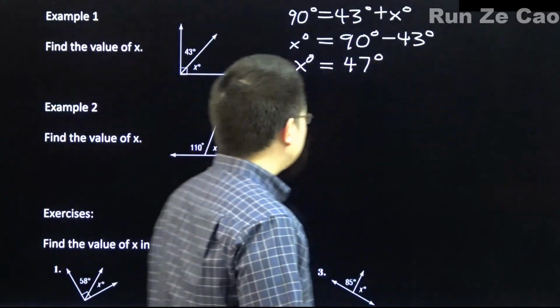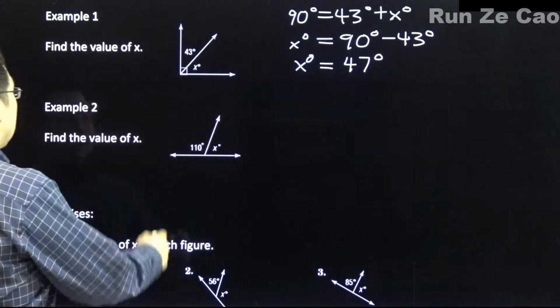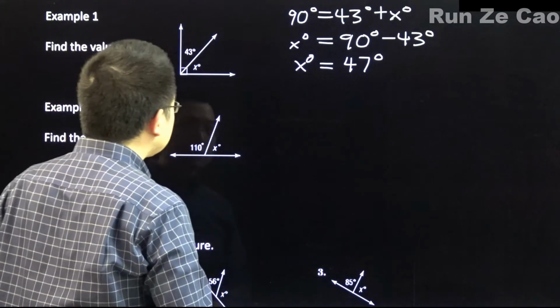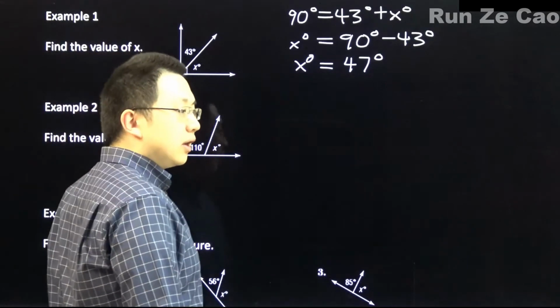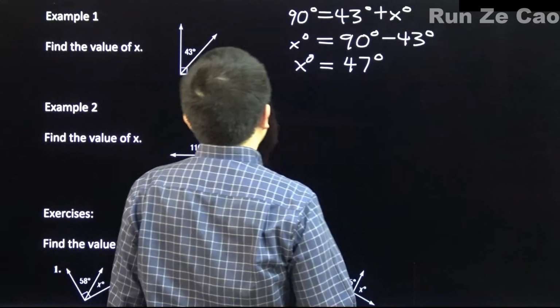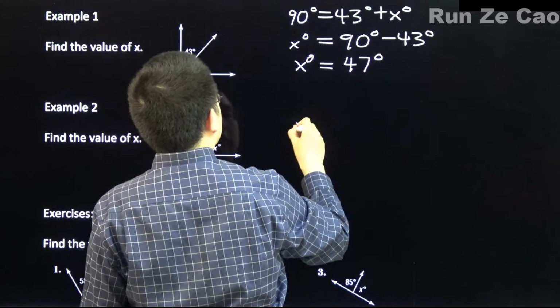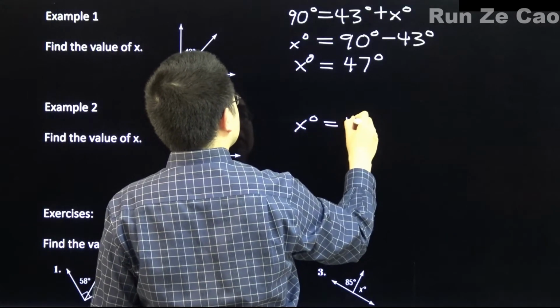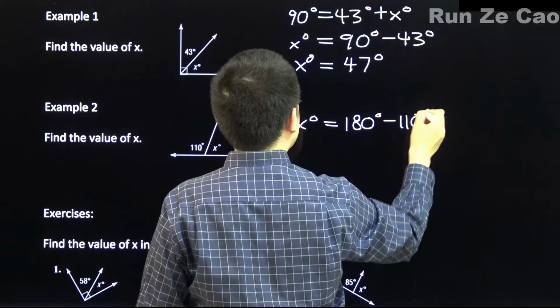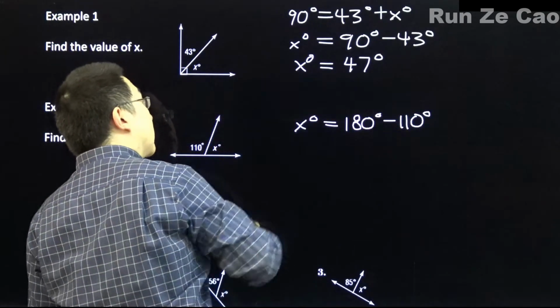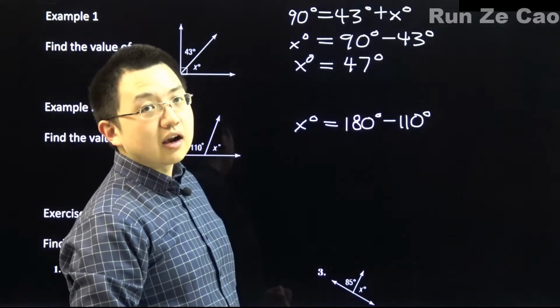Now, let's say we have 110 degrees and x degrees, and added together, they're equal to 180 degrees. Depending on how competent you are, your teacher will most likely eventually let you get away with just going 180 degrees minus 110 degrees, omitting the initial step that says they are supplementary.